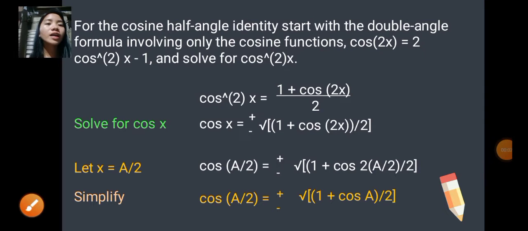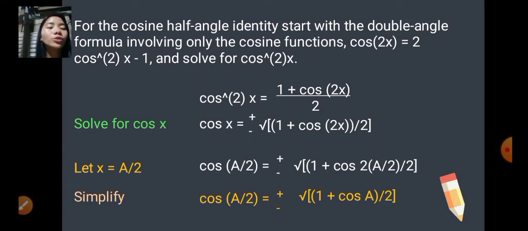For the cosine half angle identity, start with a double angle formula involving only the cosine function. Cos 2x is equal to 2 cos squared x minus 1, and solve for cos squared x. So cos squared x is equal to (1 plus cos 2x) over 2. So solve for cos x. We take the square root of both sides. So we have positive and negative square root of (1 plus cos 2x) over 2. Then let x is equal to a over 2.